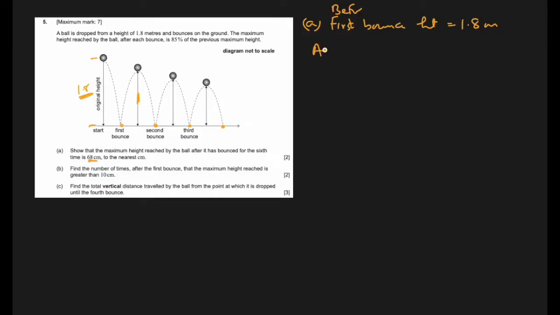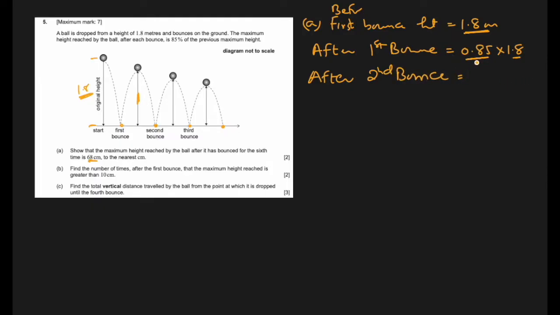After the first bounce, it will be 85% of this, which is 0.85 times 1.8. This is how we find 85%, right? 85 divided by 100 is 0.85, times 1.8, right? After the second bounce, it will be 85% of this height, which is 0.85 times 0.85 times 1.8, right?